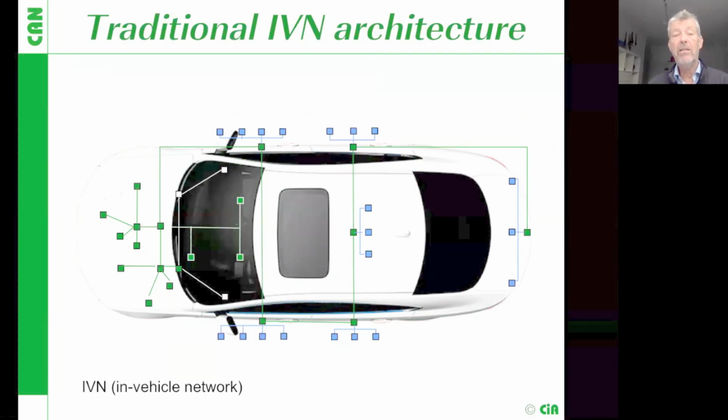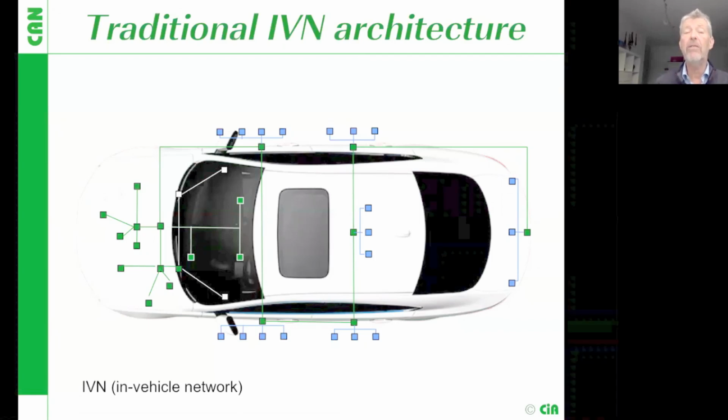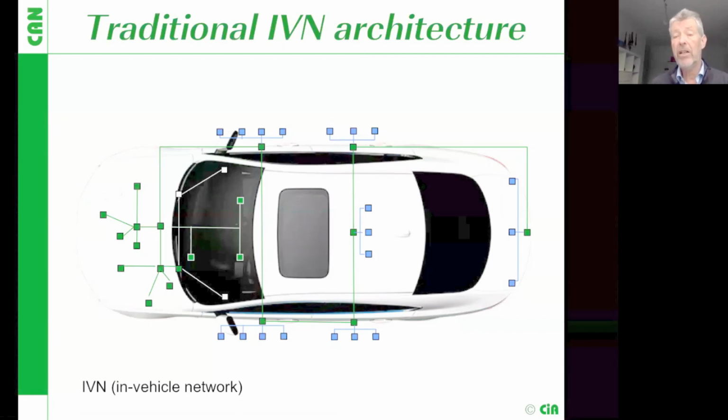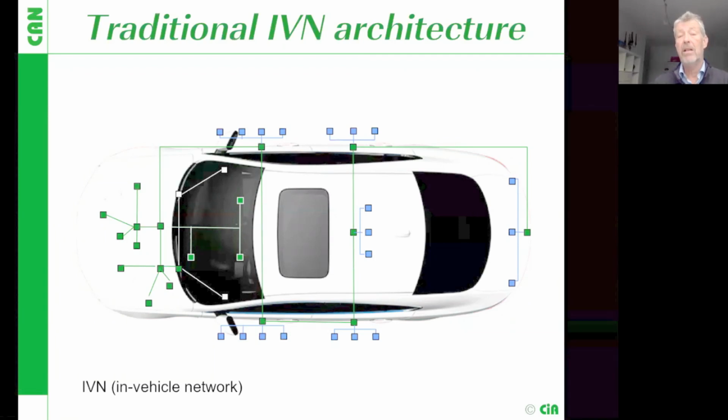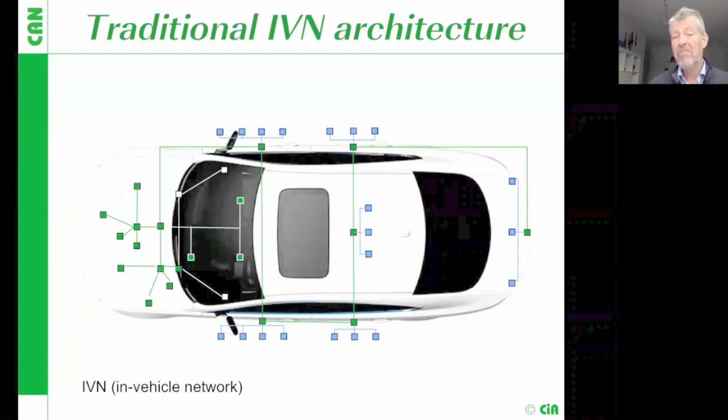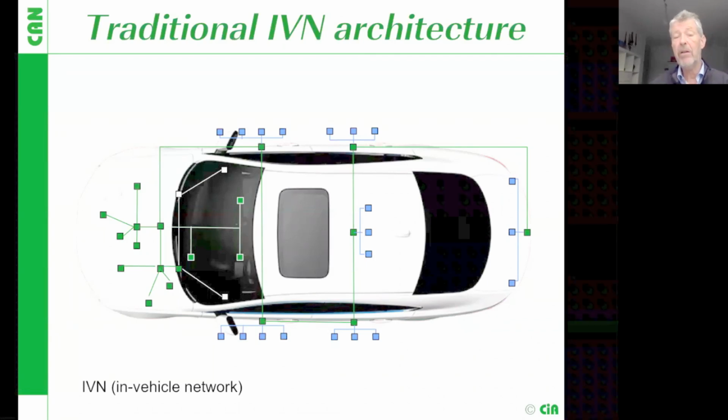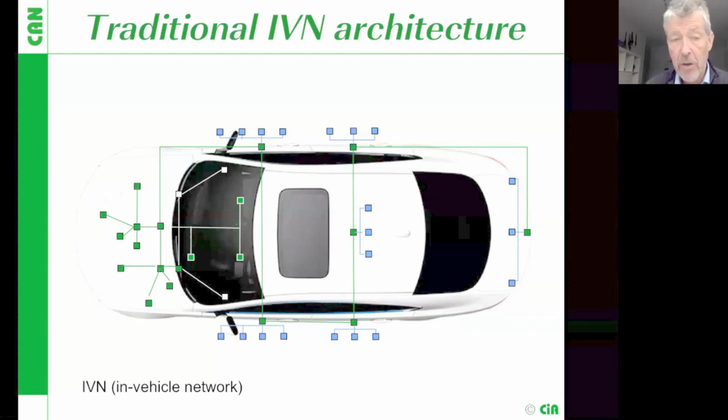You can regard this traditional kind of in-vehicle network architecture as a patchwork. You started simple, and then you added step by step another piece. And at the end, you have some chaotic network architectures with a lot of gateways, with a lot of engineers trying to keep the entire system consistent.